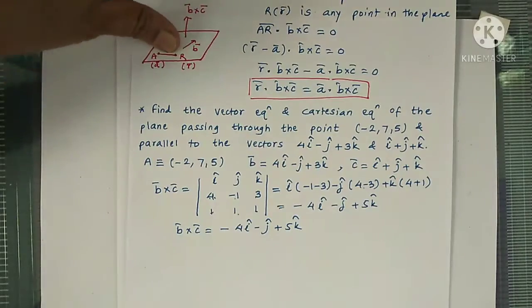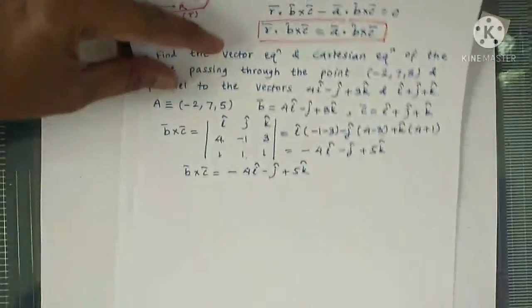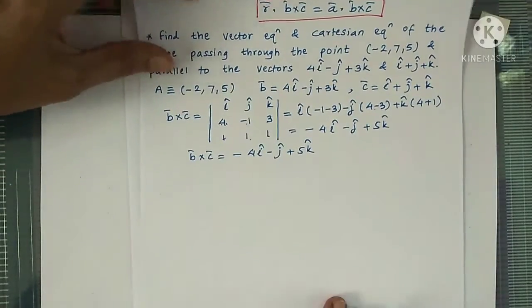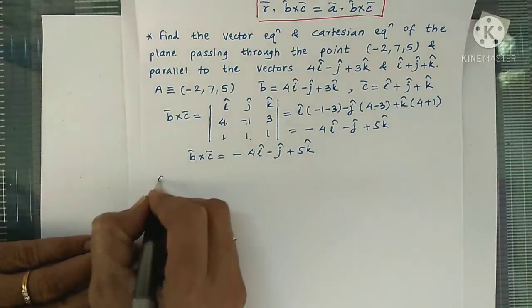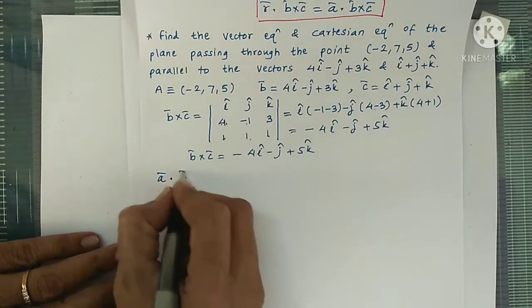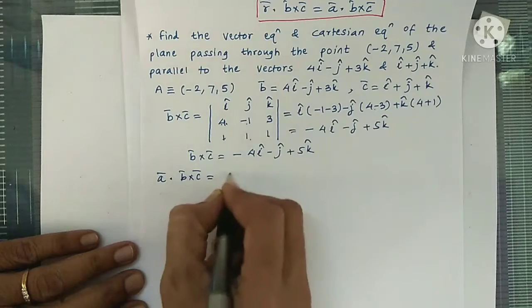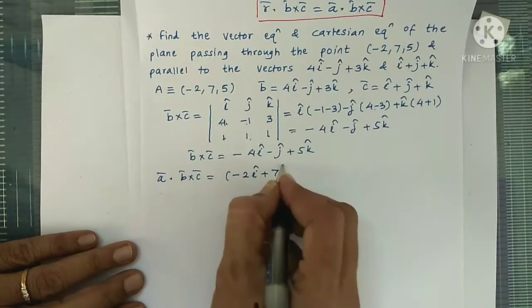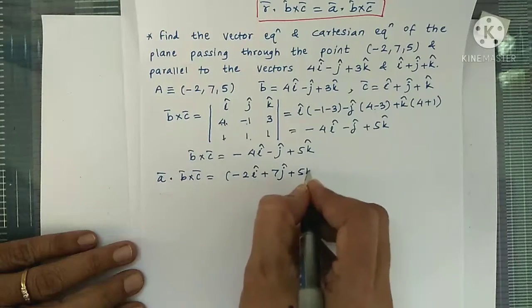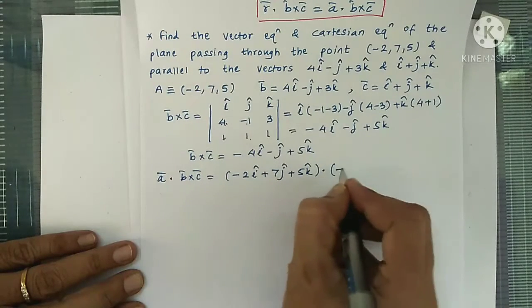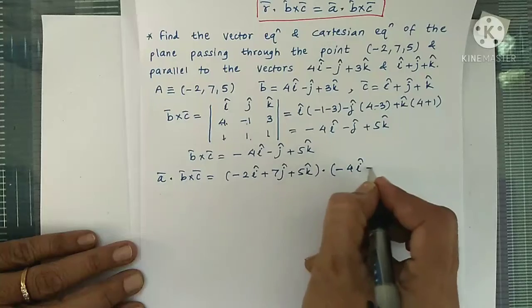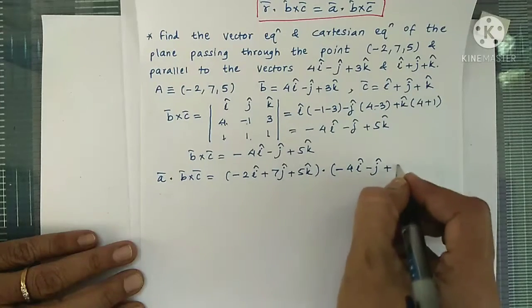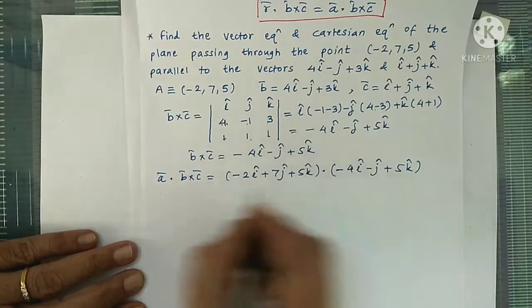Now on the right hand side we have a bar dot b bar cross c bar. So let's find the dot product and then we will write the equation. a bar is -2i plus 7j plus 5k, dot -4i cap minus j cap plus 5k cap.